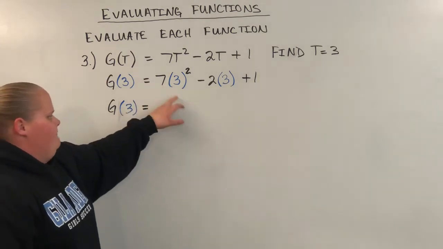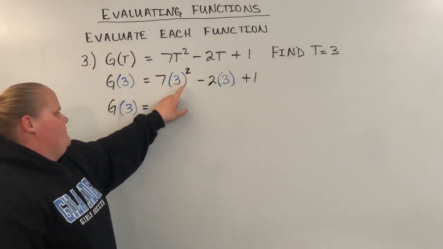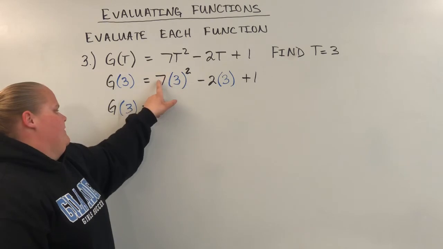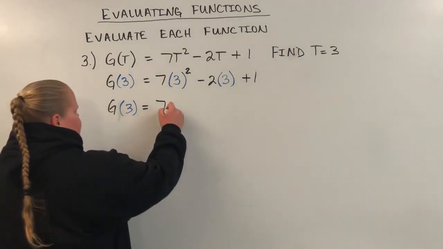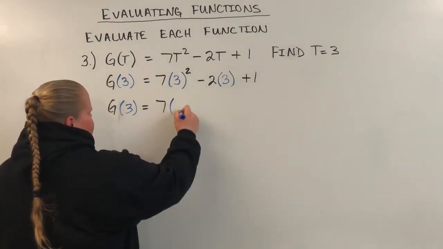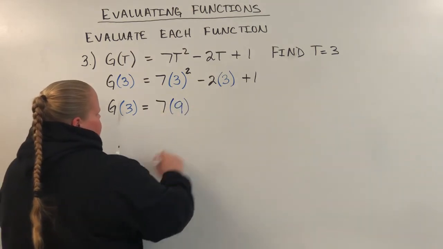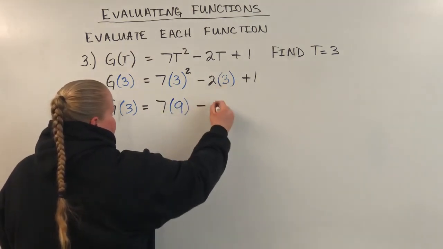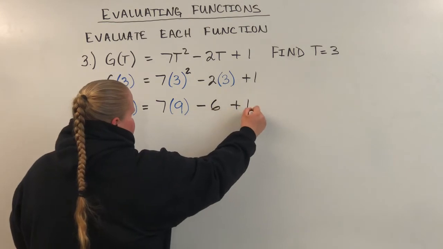So then we're going to simplify. The only thing that this exponent is affecting is this 3. It doesn't affect the 7. So we have 7 times 3 squared, and that's 9. Minus 2 times 3 is 6, plus 1.